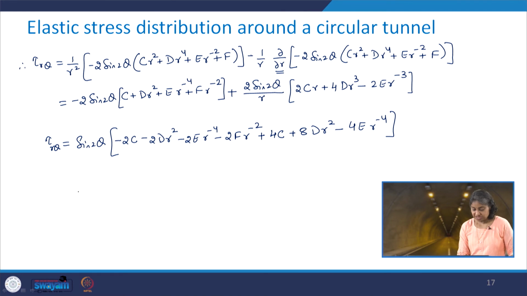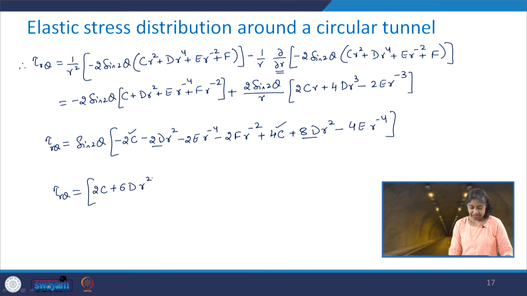Further, you just simplify this. So you are going to get tau r theta as, let me first write this one. Here you have 2c and 4c, so this will become 2c. Then let us collect the terms of r square. Here it is minus 2d and plus 6d, plus 8d, so this is going to be plus 6d r square.